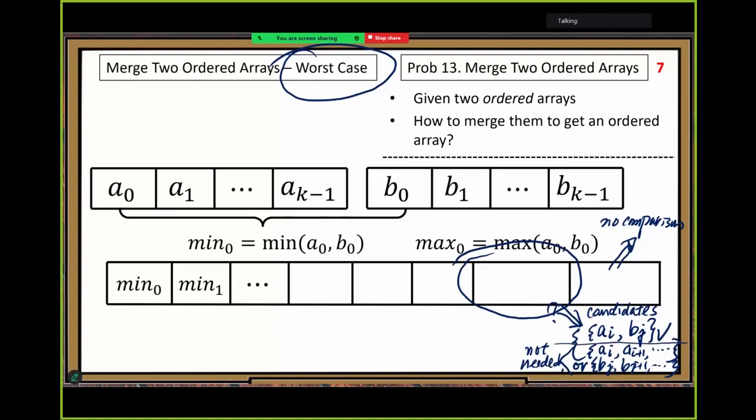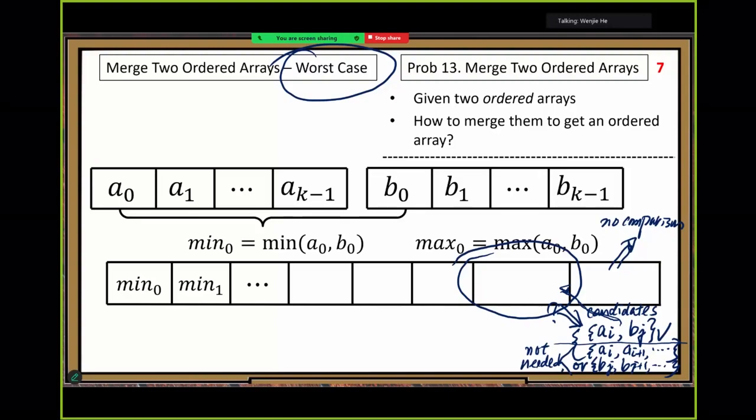But the worst case is this one: one element from the A subarray and another element from the B subarray. Because if all the remaining elements are from the A subarray, you don't need a comparison, since they're ordered. Your remaining data is already ordered.